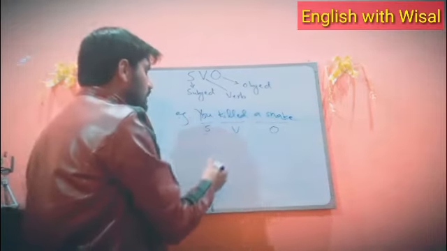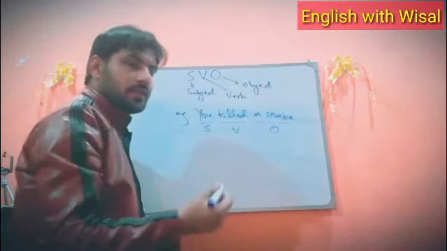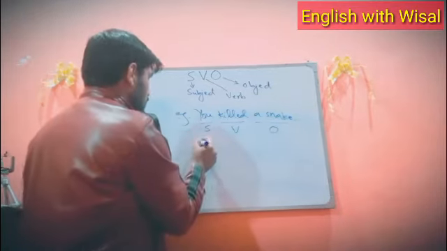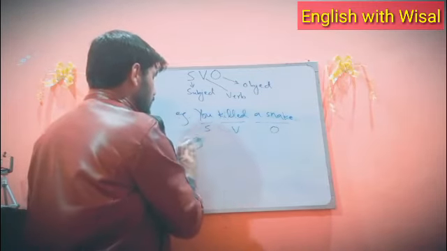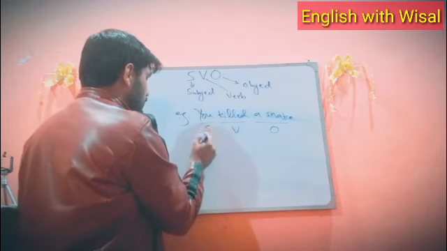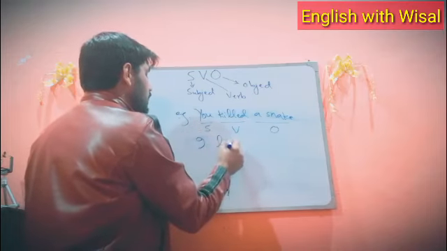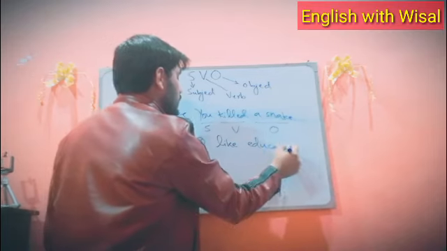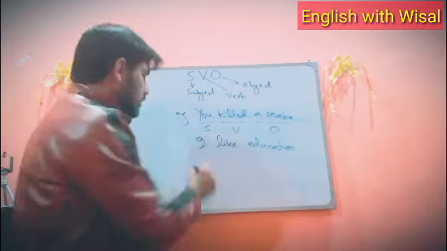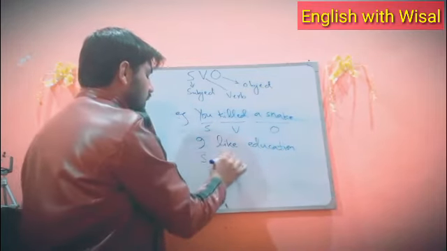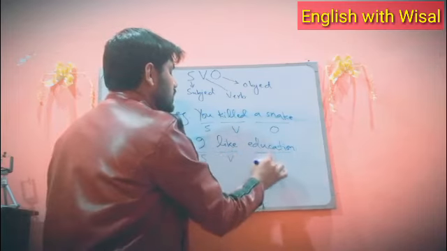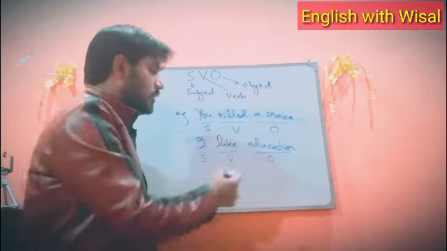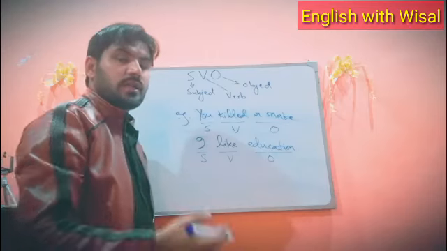Last but not the least is idea. I like education. So you see here, I is the subject, like is the verb, and education is the object. And education is an abstract noun.